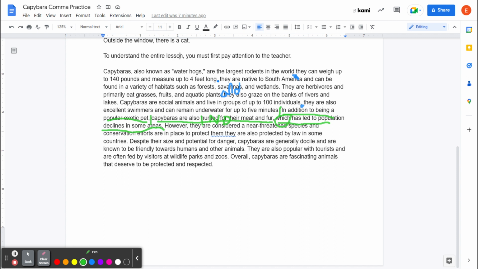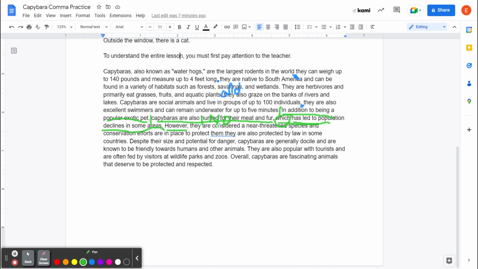Because I have a subject, that means I just need to have a verb for it to be a complete clause. Well, I have a verb, which has led to. Has led is the verb, and which is the pronoun subject. So because I have a subject, a verb, and a complete thought, it is an independent clause. So that comma actually works. However, that's an introductory element.